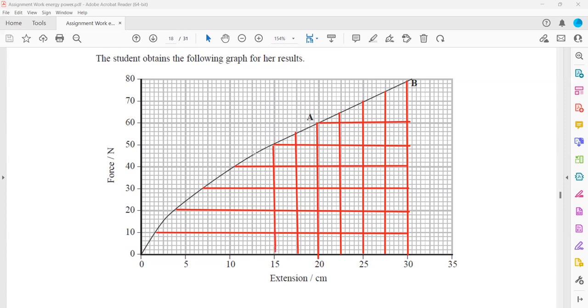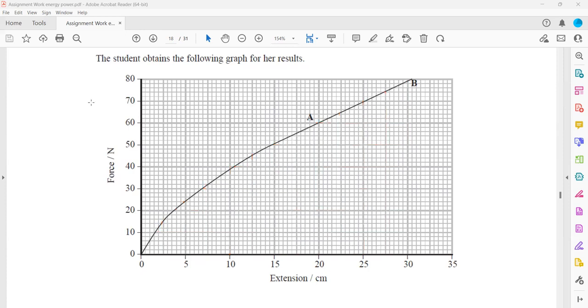First we count the complete ones, and then we check whether it's half, like two combined, so this will be 1, 2, 3, 4, like this. We count the total, and multiply the area of each box by the number of boxes. You get the total area, and that will be equal to the work done.